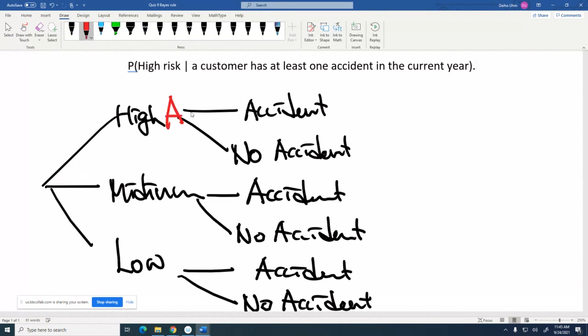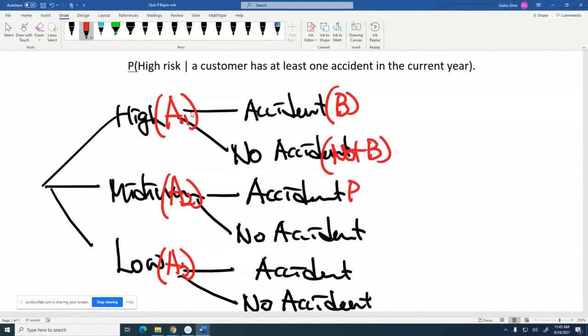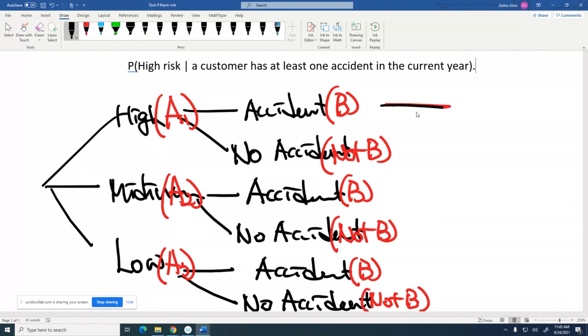And I assigned A1, A2, A3, B, not B, B, not B, and B, not B. Did you get them in the tree?